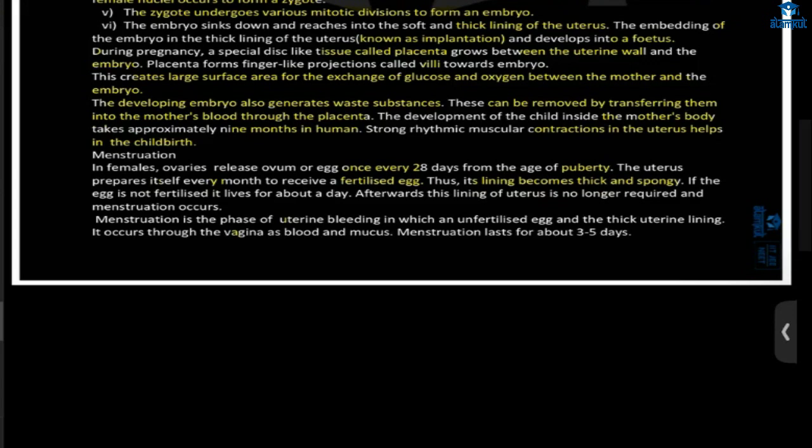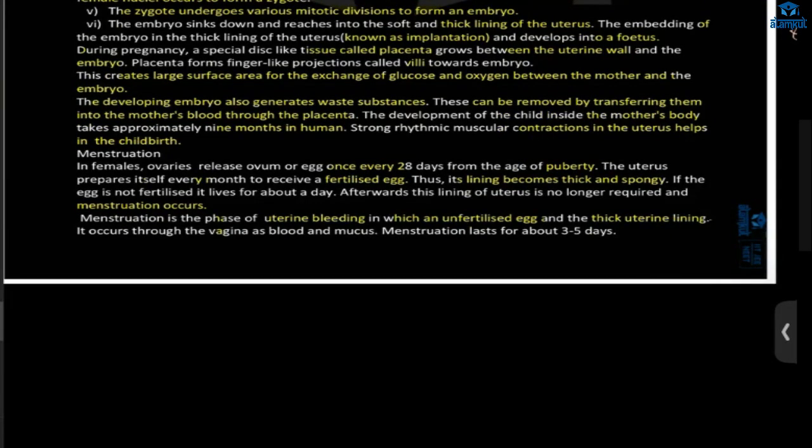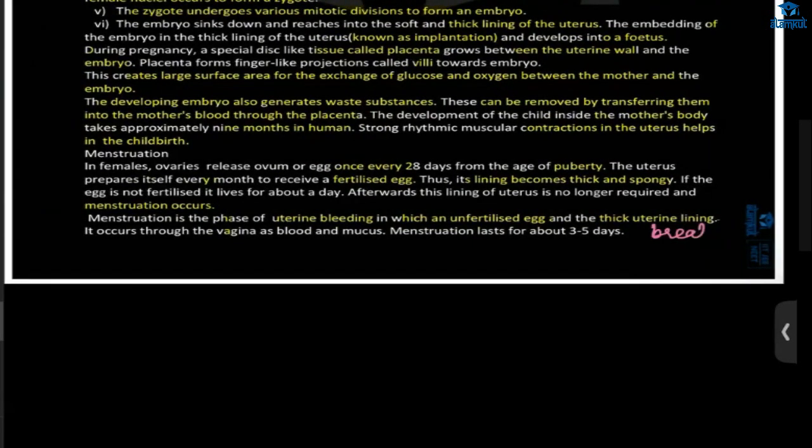Afterwards, the lining of the uterus is no longer required and menstruation occurs. Menstruation is a phase of uterine bleeding in which the unfertilized egg and the thick uterine lining are shed. It occurs through the vagina as blood and mucus. Menstruation lasts for 3 to 5 days.